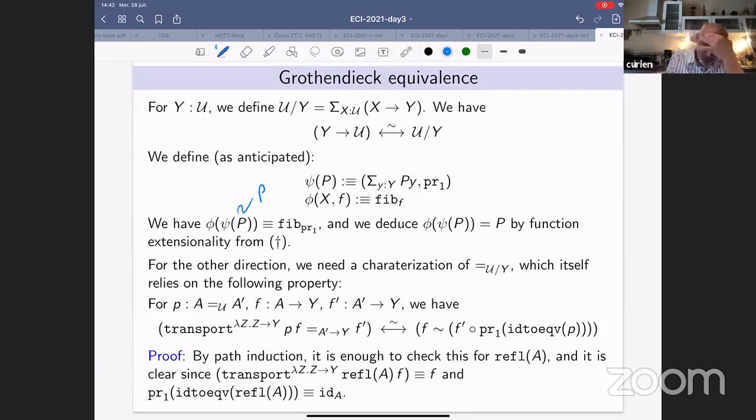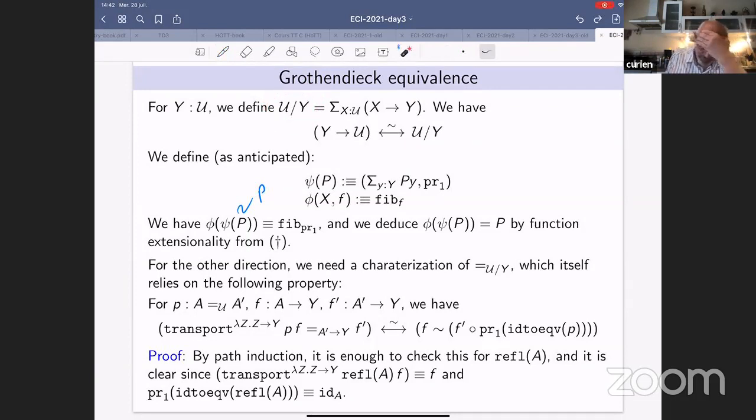So the preparatory material is that we need to discuss what it means for two inhabitants of this type here to be equal.